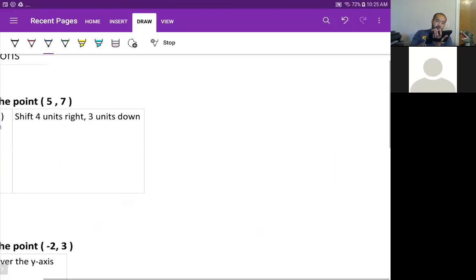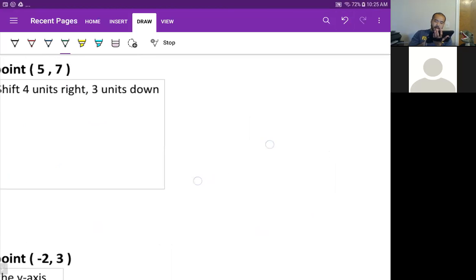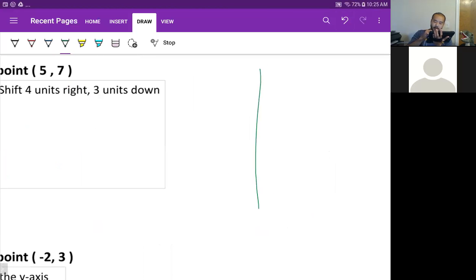This works best with a graph, so I'm going to make a rough graph over here. 5 and 7: let's say 2, 4, 6, 8, 10 on each axis. So 5, 7 would be here, approximately. Then you go 4 units right: 1, 2, 3, 4.